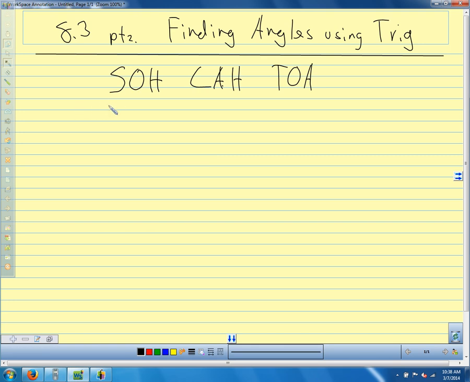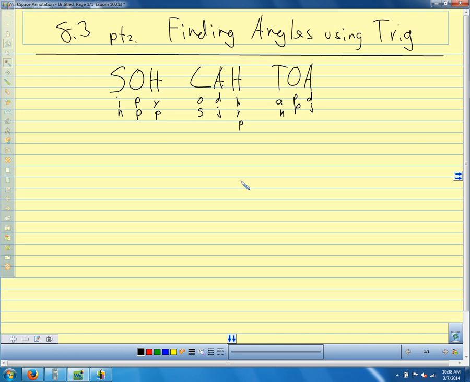Just to recap, the sine was the opposite over the hypotenuse. The cosine was the adjacent over the hypotenuse. And the tangent was opposite over the adjacent. So this was our little way of remembering which sides went together to make these ratios.